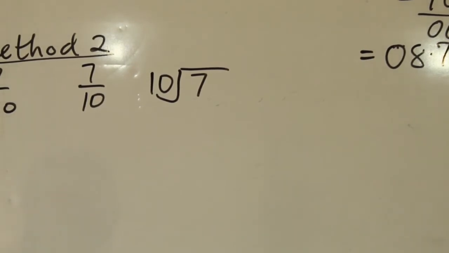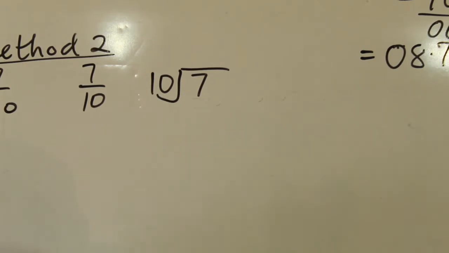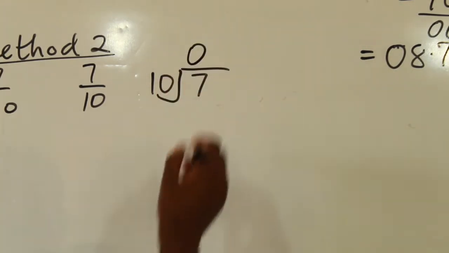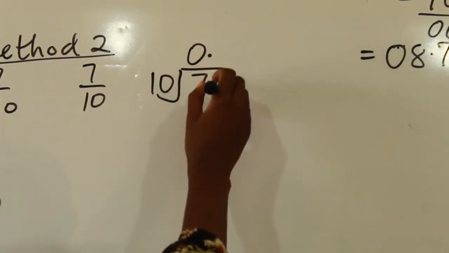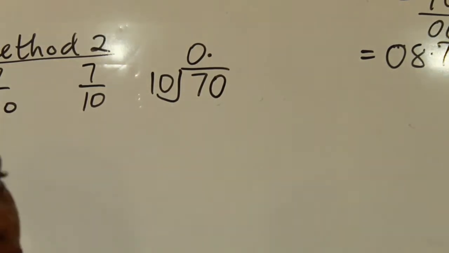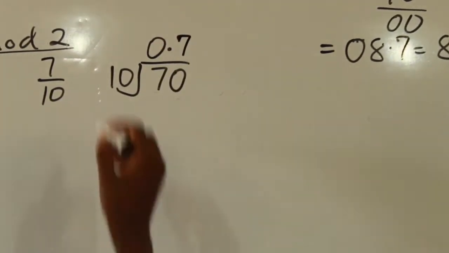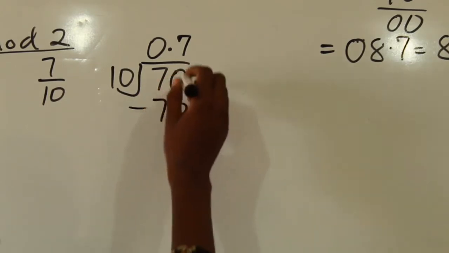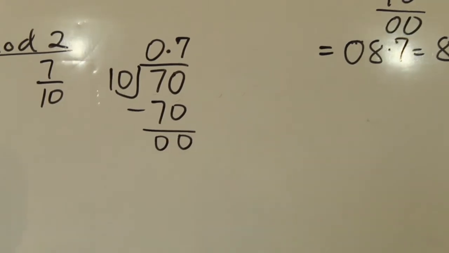Alright. 7 divided by 10 cannot go. Write 0 and put our point. The moment you put your decimal point, you add 0 and it becomes 70. 70 divided by 10 is 7. 10 times 7 is 70, and 70 take away 70 is equal to 0.